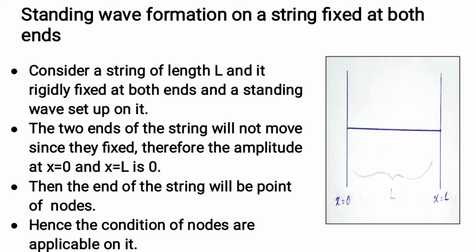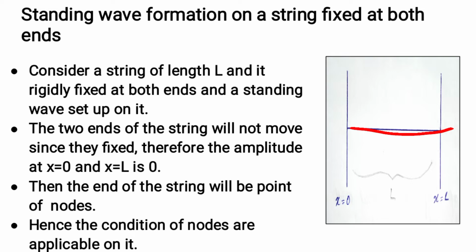The next is the standing wave formation on a string fixed at both ends. Let us consider a string of length L rigidly fixed at both ends and a standing wave is set up on it. We know the two ends of the string will not move since they are rigidly fixed.